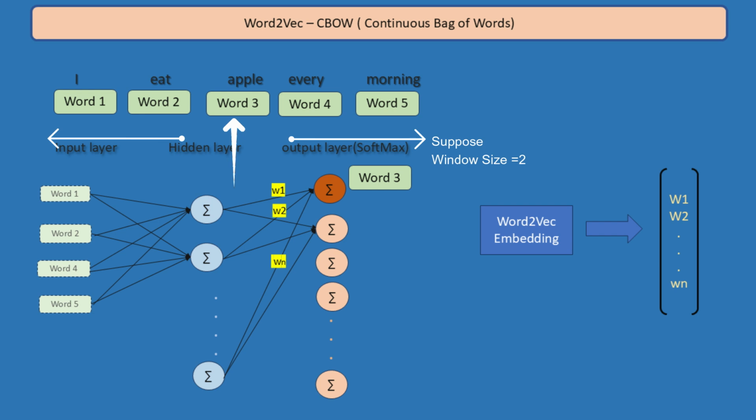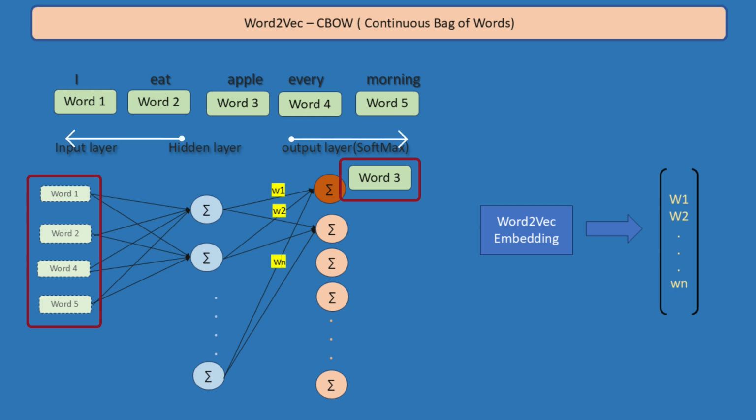In continuous bag of words, we take these surrounding words as the input to a neural network, and we try to predict the word apple. As you can see in the diagram, word 1, word 2, word 4 and word 5 are input to the neural network.